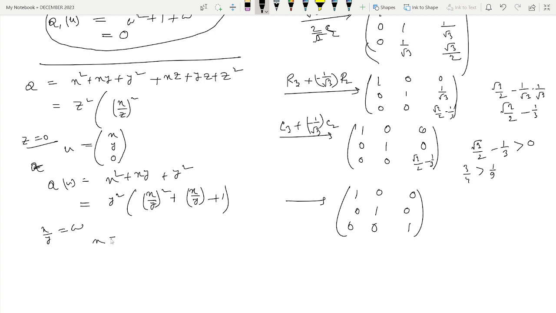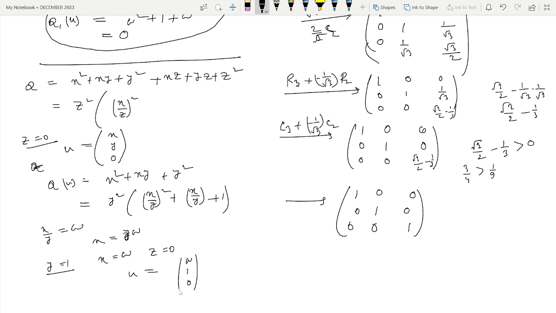So x equal to y omega. So now just take y equal to 1, then our x will be omega and our z is 0, which we have taken already. So our u becomes x is omega, y is 1 and z is 0.